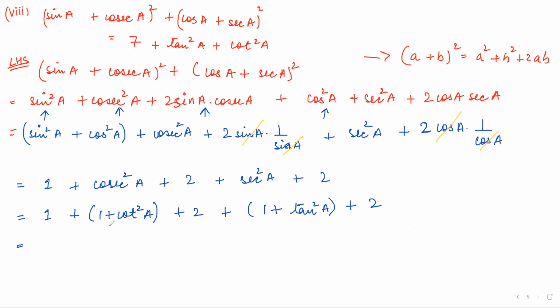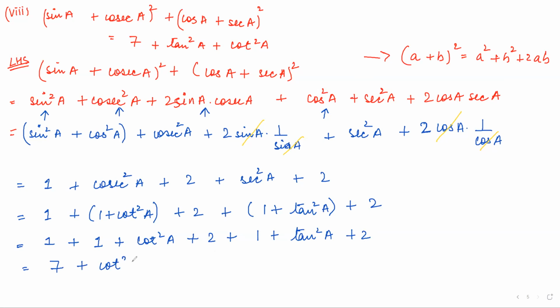Open the bracket if you want in the next step, or you can directly do it because it's all plus. So 1 plus cot square A plus 2 plus 1 plus tan square A plus 2. Now you add all the numbers together. So 1 plus 1, 2, 4, 5, 6, 7. So you have got 7, right?